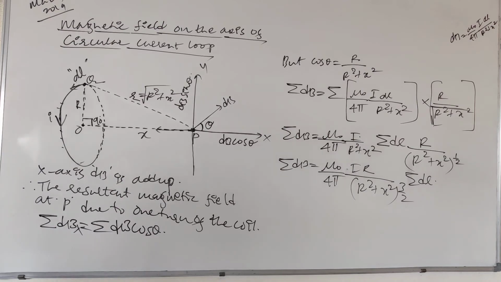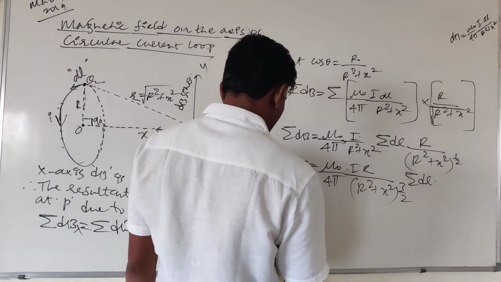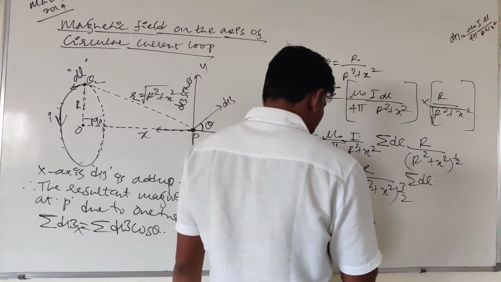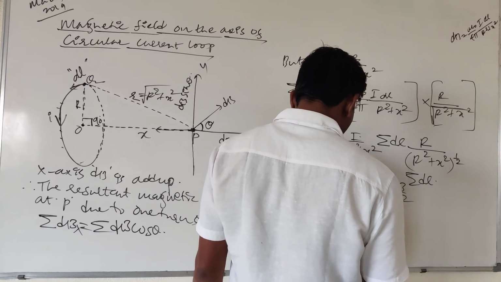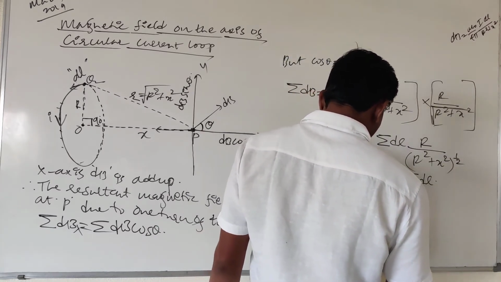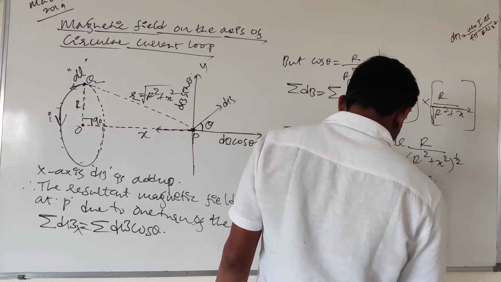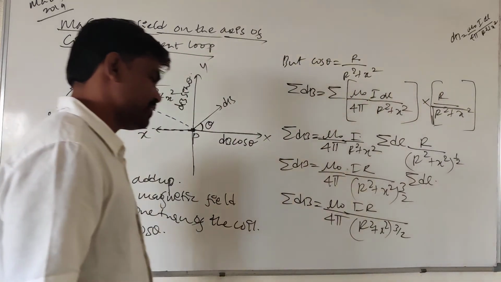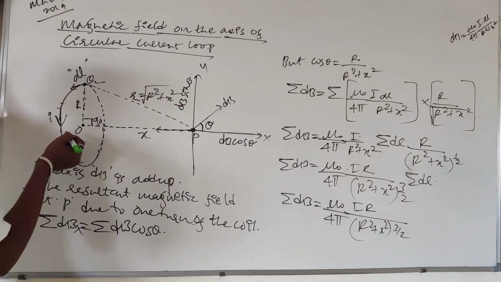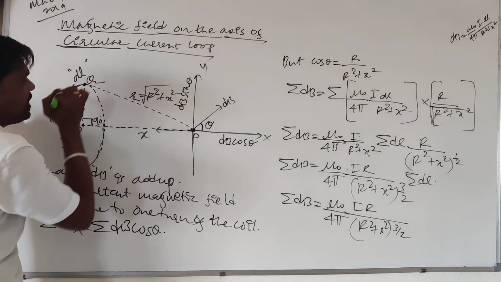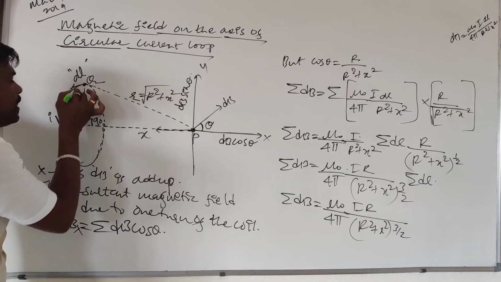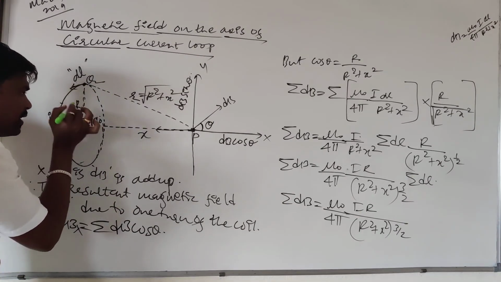Summation of dl. So now see here, summation of dB is equal to mu naught divided by 4 pi, I r, divided by r square plus x square raised to 3 by 2. See here, which type of loop is it? Circular loop, from here to here.